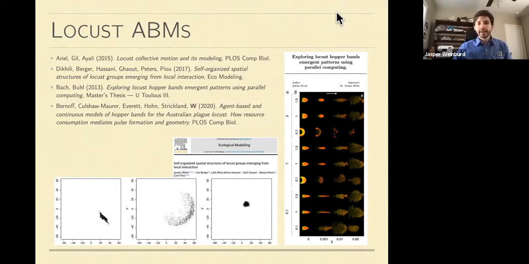One is that the same group of locusts appear to demonstrate differing patterns in differing environments and at different times of day or things like that. So varying internal parameters would suggest something like, well, this locust species always forms this pattern, that locust species always forms that. And we're not quite satisfied with that.